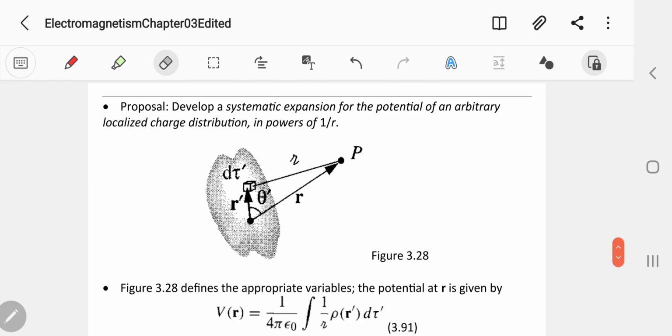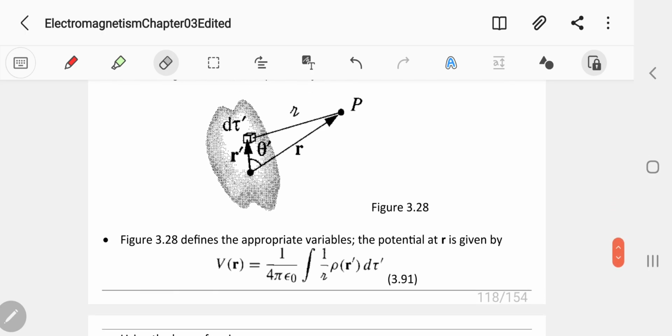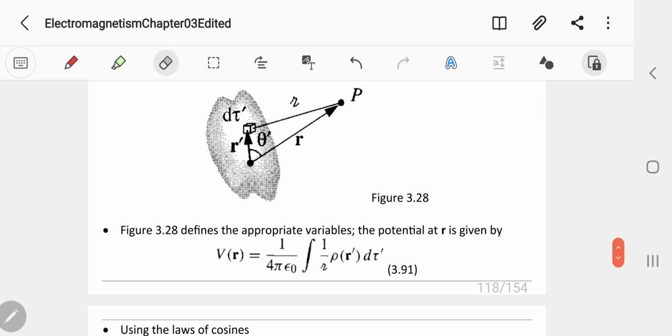So we now develop a systematic expansion of the potential at large distances. For this figure, you have the potential to be 1 over 4 pi epsilon times the integral of 1 over script r, rho of r prime, d tau prime.